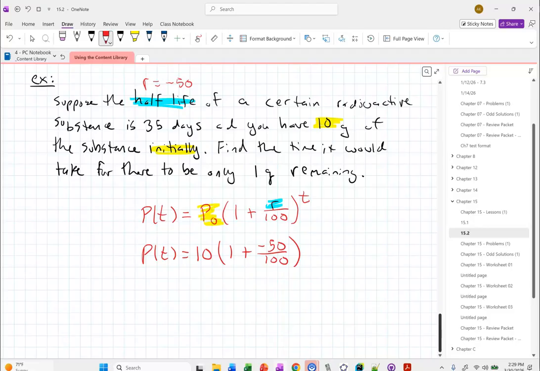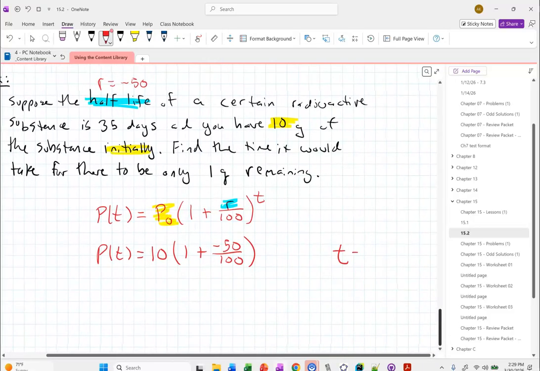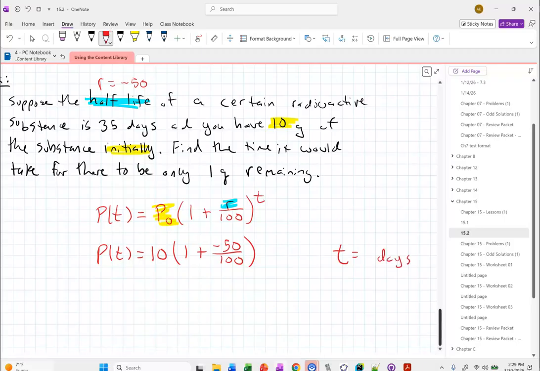And then what am I going to write for T? What do you want T to be measured in? What unit of time? Days. Days sounds great. So how much of a half-life gets completed in 1 day? It takes 35 days to do 1 half-life.